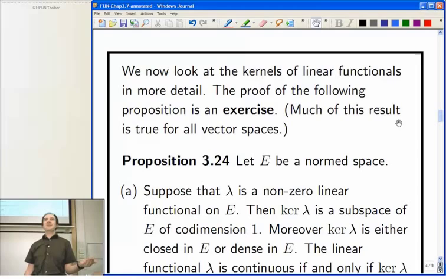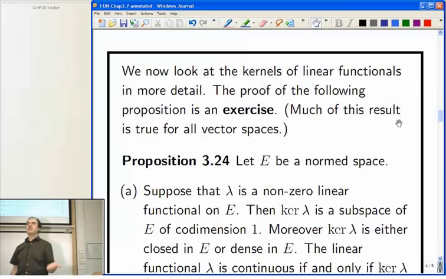The codomain is the scalars. So what are the possibilities for the image of a linear functional? How many subspaces can a one-dimensional space have? Two, that's right. A one-dimensional vector space only has two subspaces. The zero subspace and the whole thing.